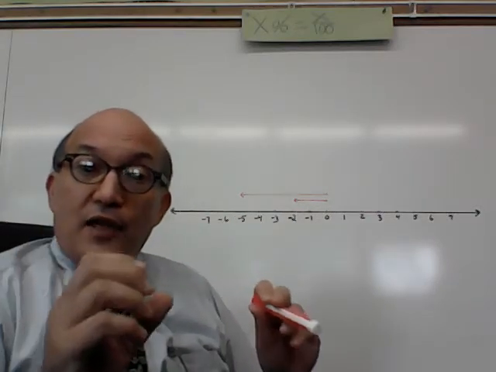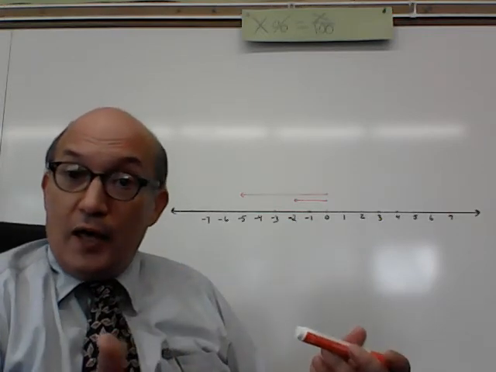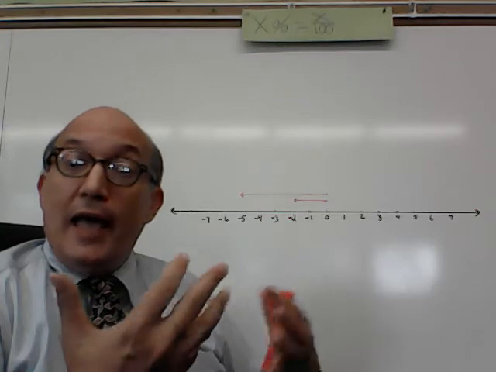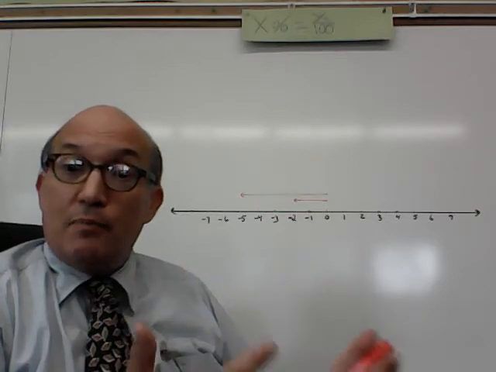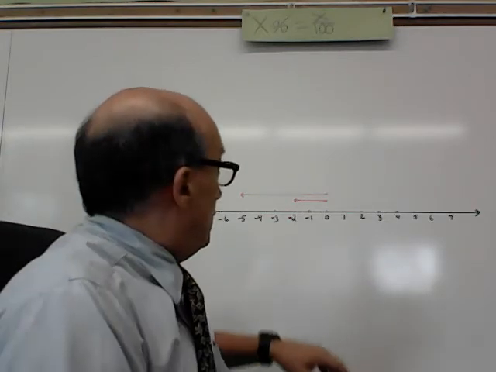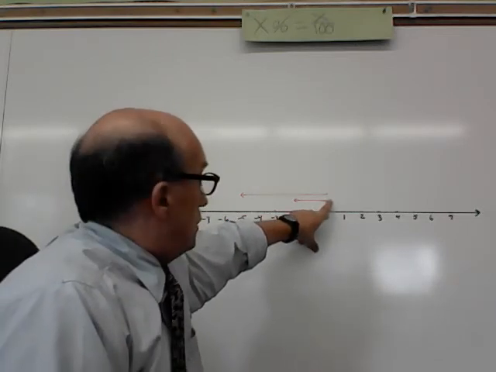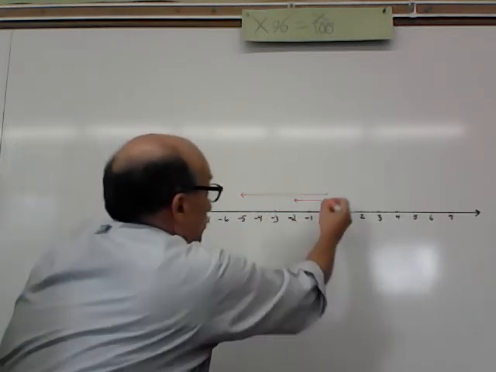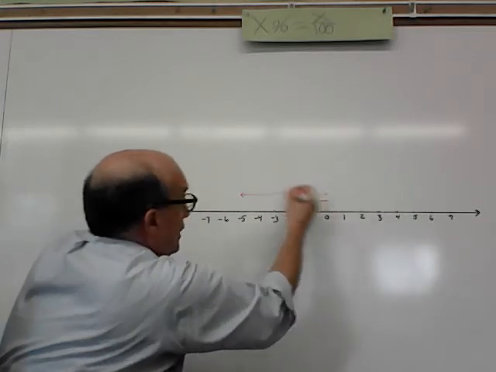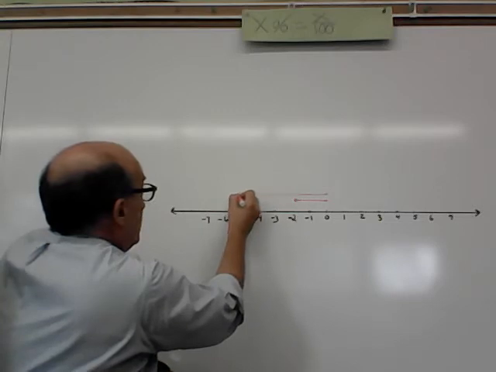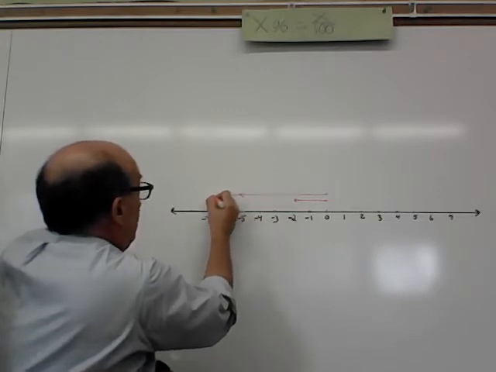And I'm going to add these two vectors the exact same way as before, putting end point on beginning point or beginning point on end point. So I will take this negative 2 and bring its beginning point here to the end point of the negative 5, and it's going to extend, of course.